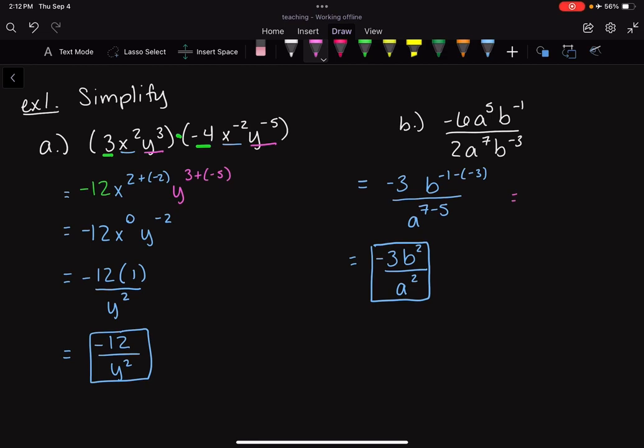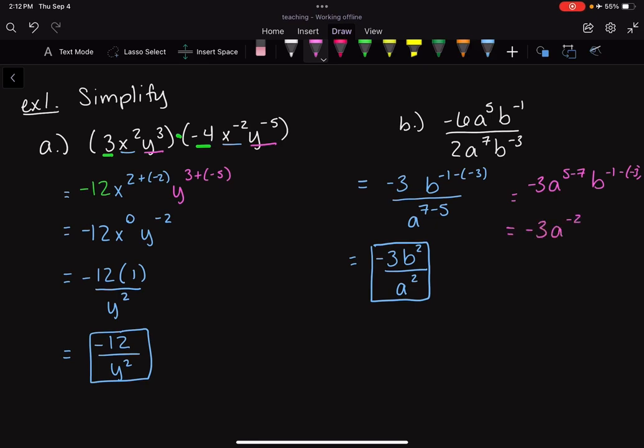Now let's say you did it the other way and you did a 5 minus 7 and you did b, negative 1 minus 3. Let's say you didn't do any of them like bottom minus top. You just did top minus bottom. This is perfectly fine.